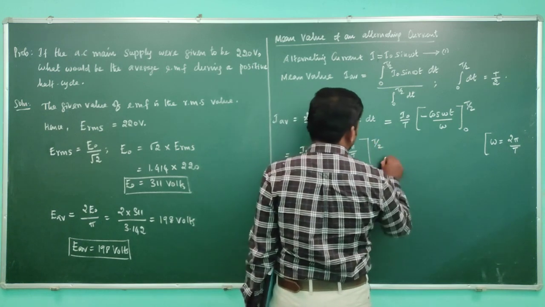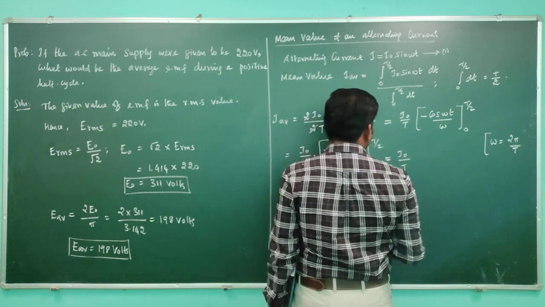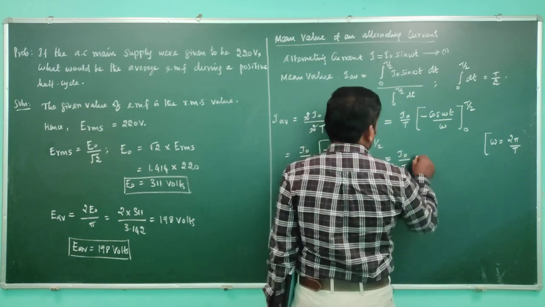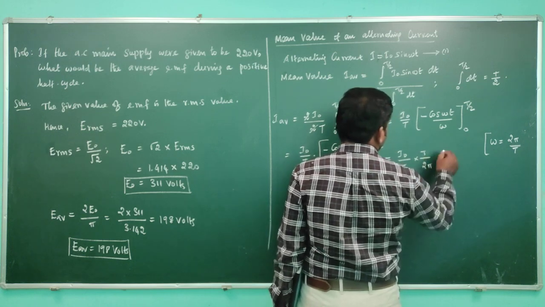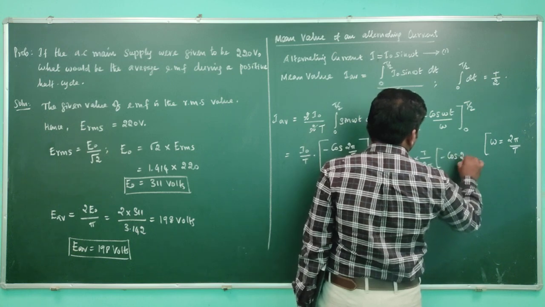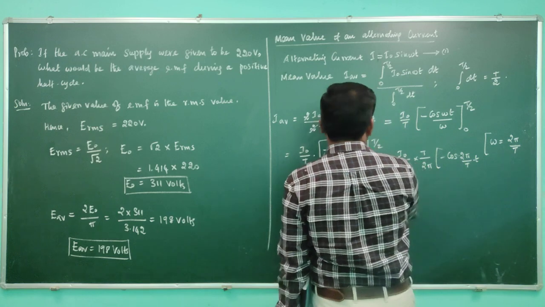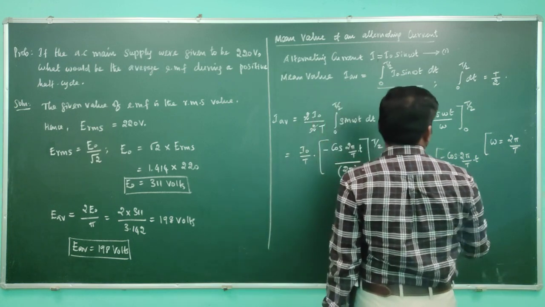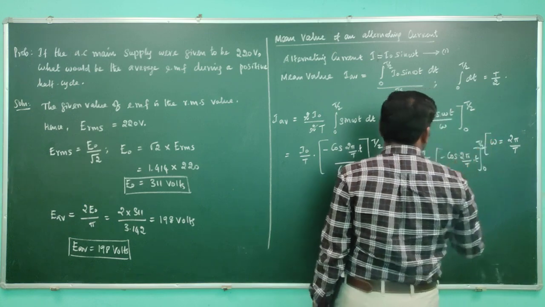This is equal to I naught by T multiplied by T by 2 pi, then minus cos 2 pi by T into T by 2, from 0 to T by 2.